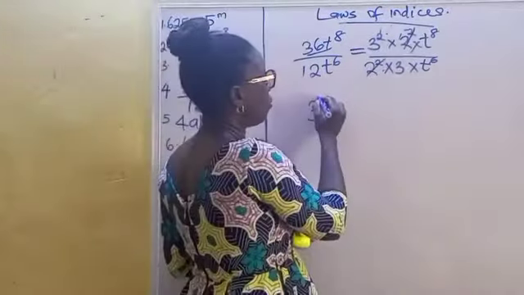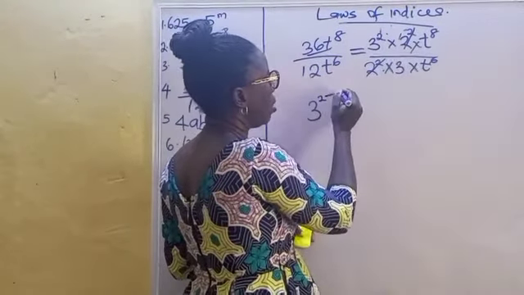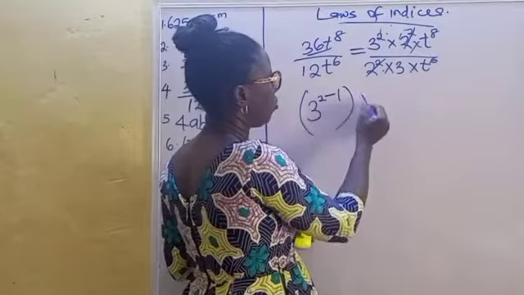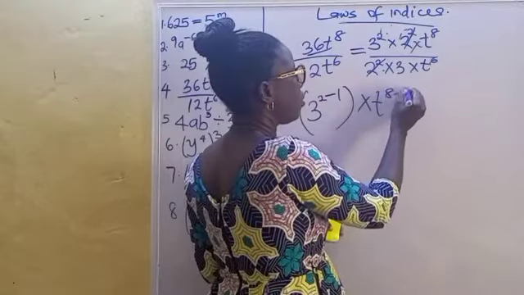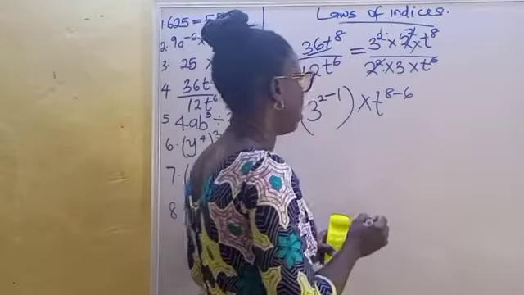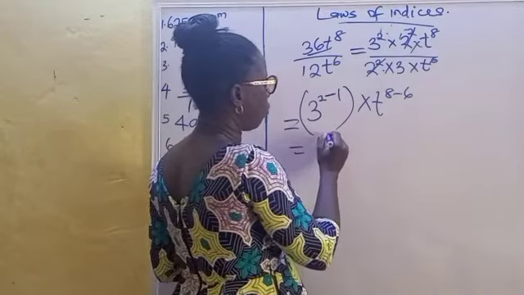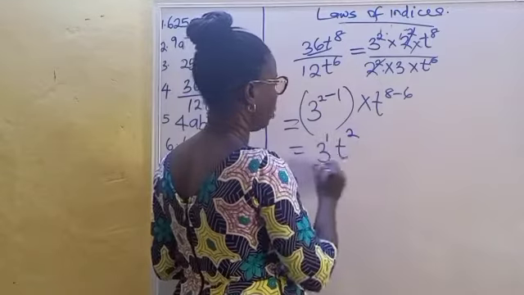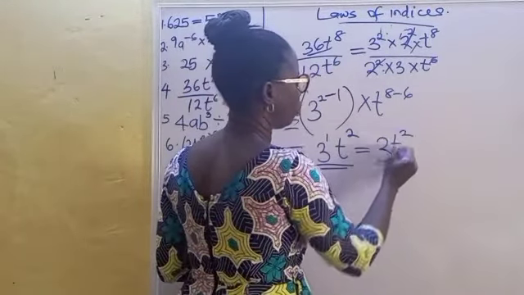So, obviously, 2 raised to the power of 2 minus 1, the first one, times t raised to the power of 8 minus 6. So it's equal to 3 raised to the power of 1, t raised to the power of 2. This is the same as 3t raised to the power of 2.